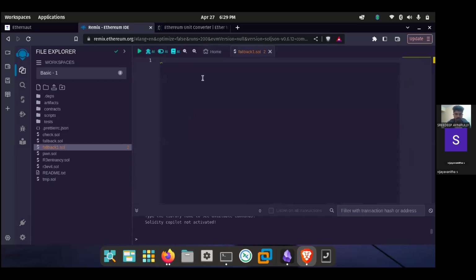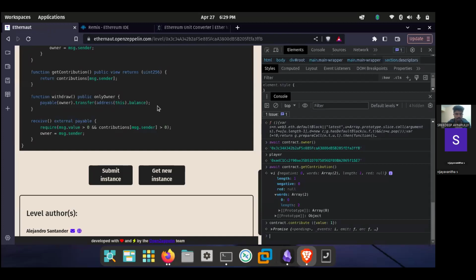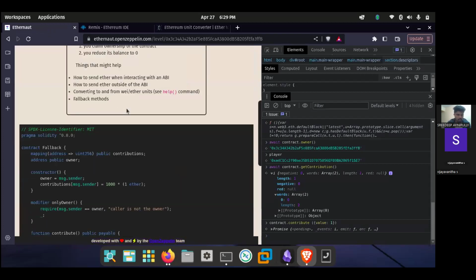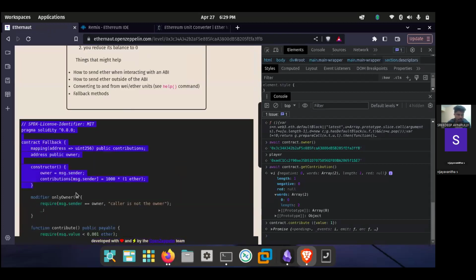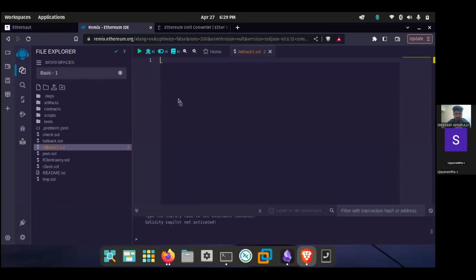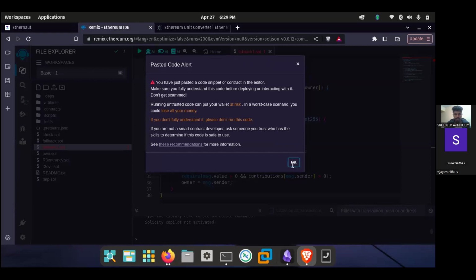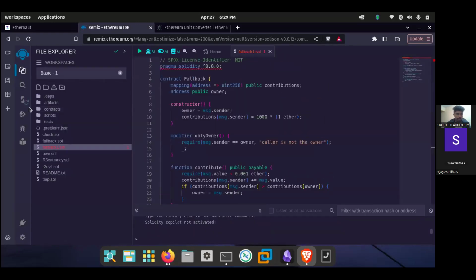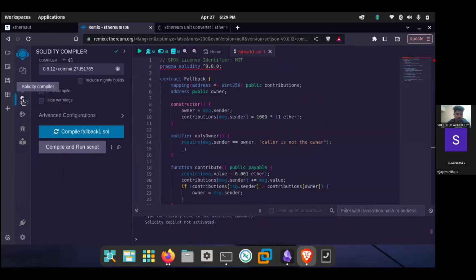Here I'm going to copy the whole code. That is a warning, because you are blindly copying code from somewhere, so it might result in some sort of damage, mental damage.